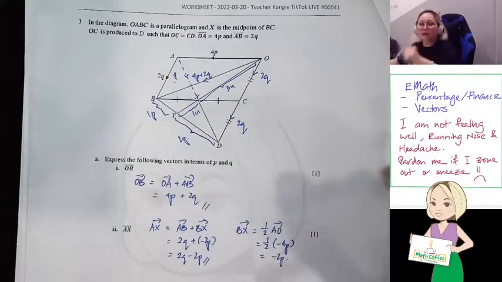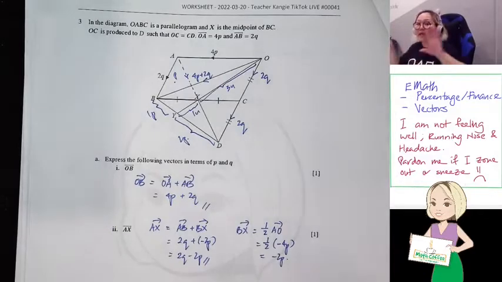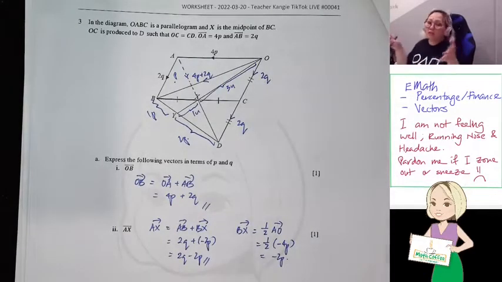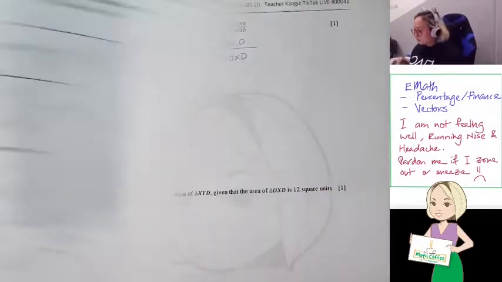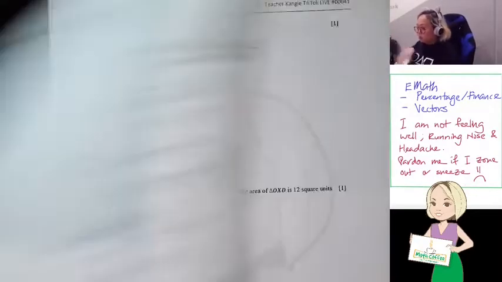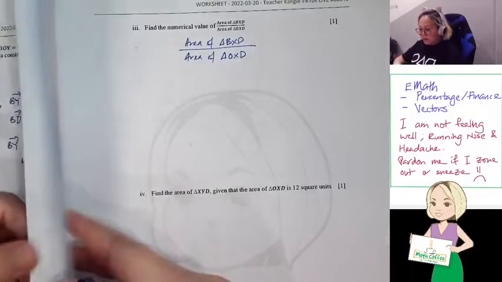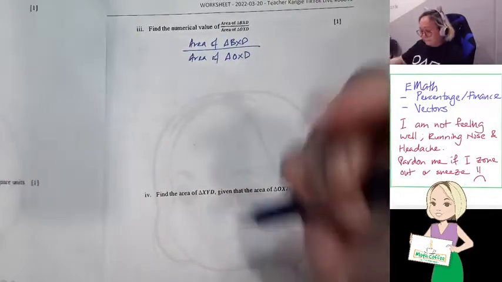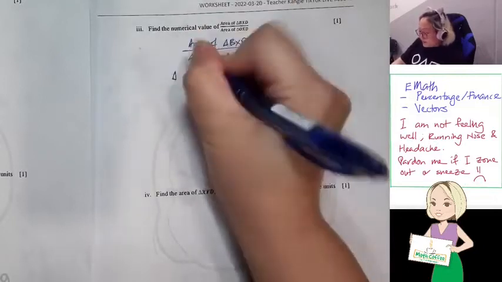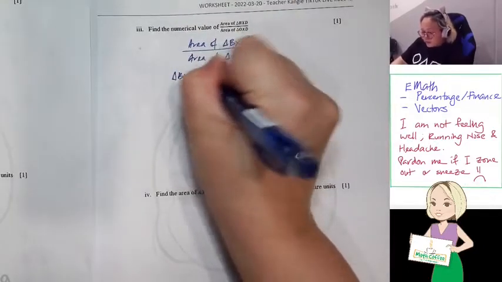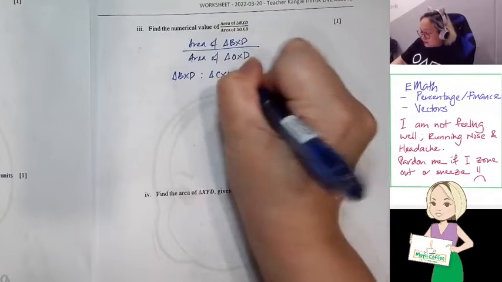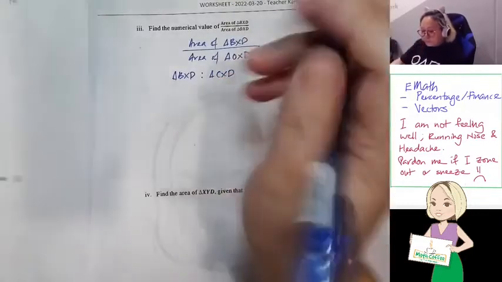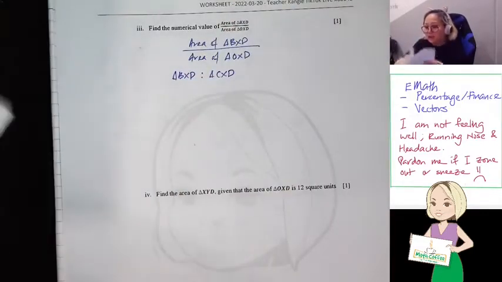This is very important. They have a common triangle XYD that can link these two unrelated triangles. So we're going to use the ratio. I'm going to write triangle BXD is to triangle CXD. We know that CXD.